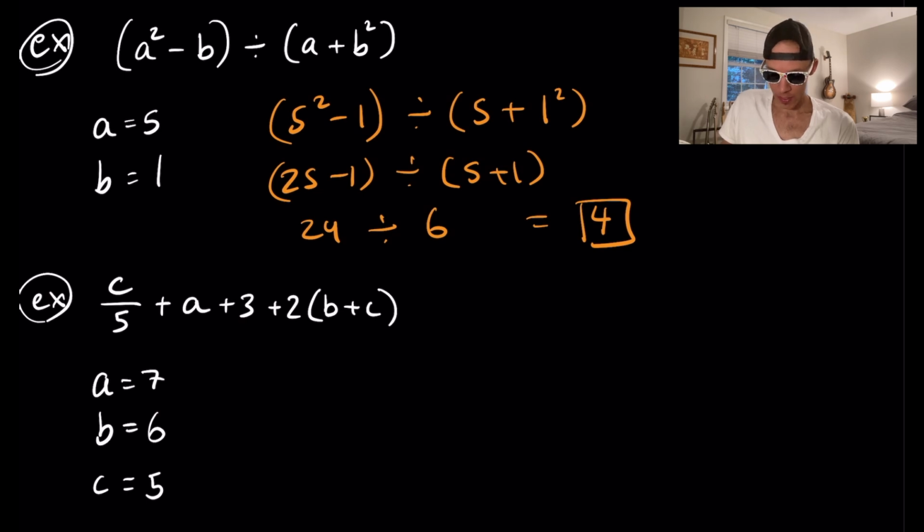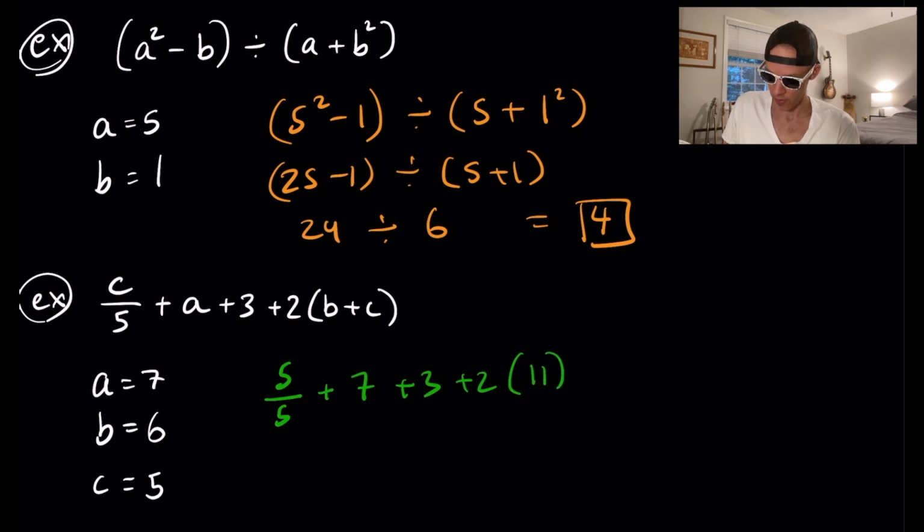All right, next up, c over 5, or c divided by 5, plus a plus 3 plus 2 times the sum of b plus c. Plug and chug. So we'll have 5 over 5 plus 7 plus 3 plus 2 times b plus c. That's going to be 6 plus 5, which is 11.